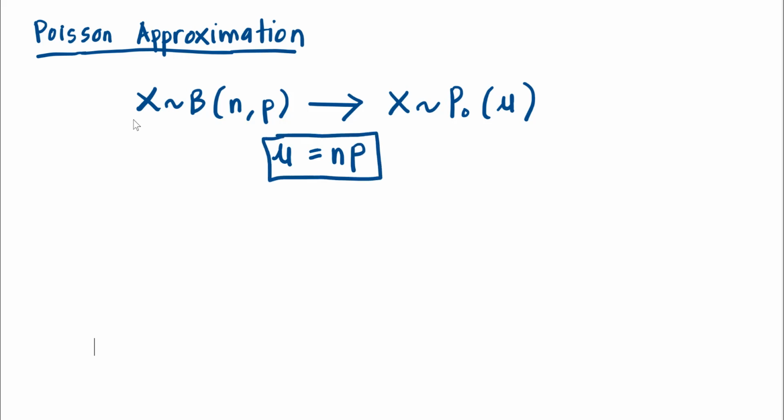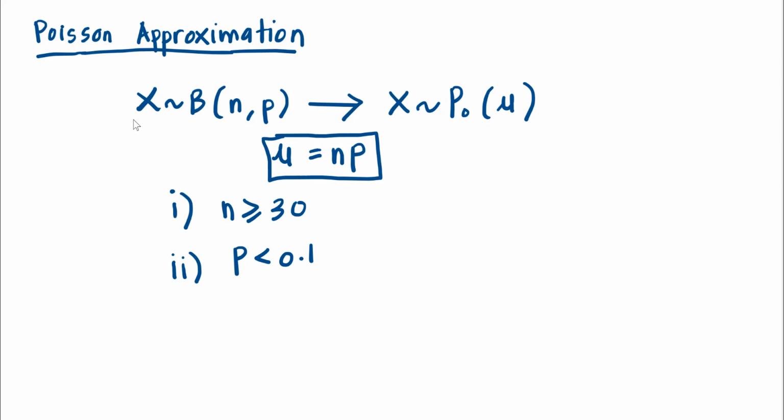So when can we use this Poisson approximation? There are two properties that we must fulfill to use the Poisson approximation. The first is that your n must be greater than or equal to 30, and the second rule is that your p must be less than 0.1.